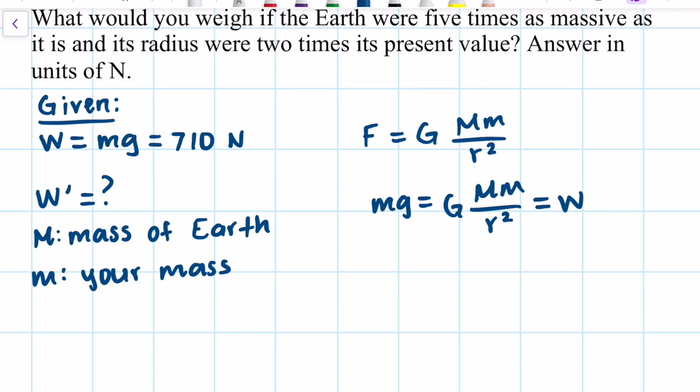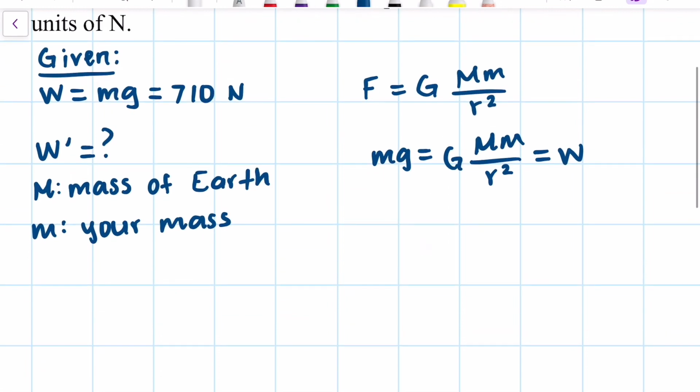So what do we do about the new weight? Well, first of all, using the same formula, the new weight is going to be equal to the universal constant, because it's just a constant, times the new conditions for the Earth, which we'll call M prime. This is weight prime.